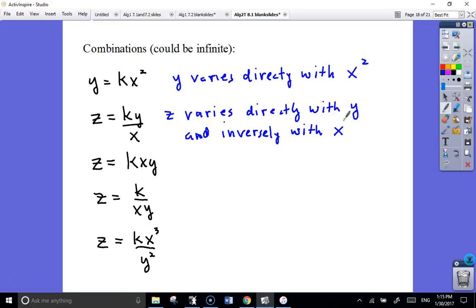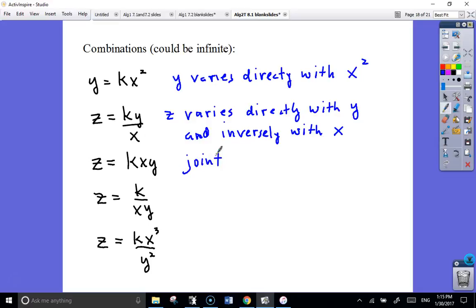How about the next one? What do you call that? That's a joint variation, right? That's the one we already did. Okay. The reason I put it in the list is to make sure you understand it's not the same thing as the next one, right?